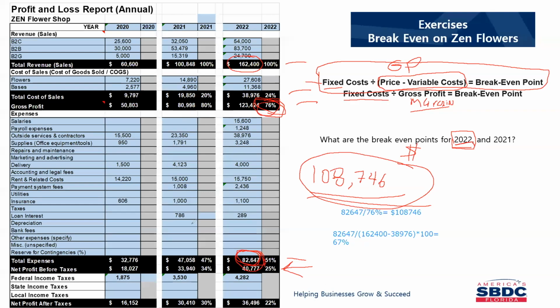At this point of the business analysis, I'm not looking at anything else. I'm just looking at these four numbers. And with these, I can find out what my dollar amount is.